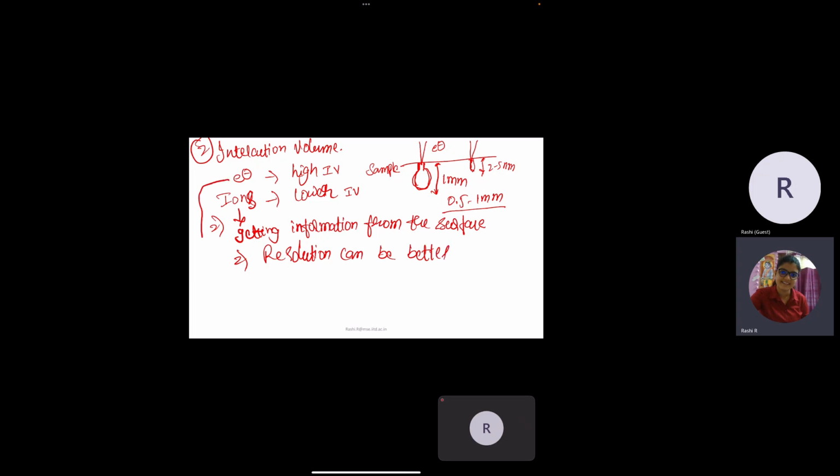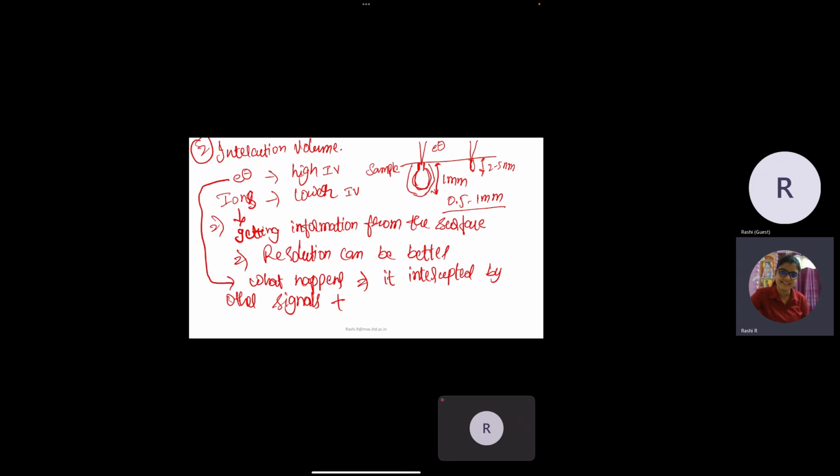In the case of electrons, the signal gets interrupted by other signals, and the depth is very high.